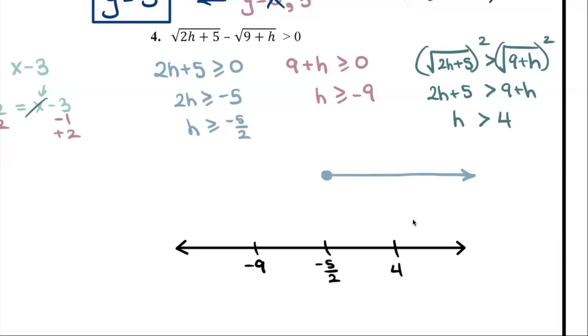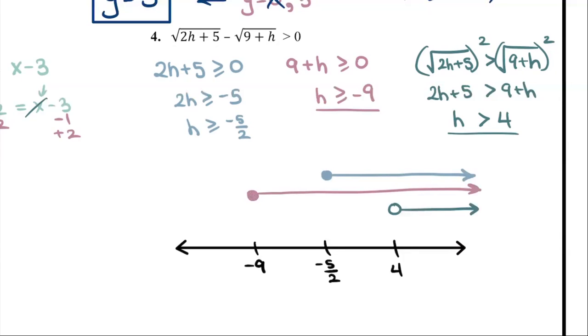This next one is at negative 9, solid dot, shading to the right. And this last one, we have h is greater than 4, so this is an open circle, shading to the right.